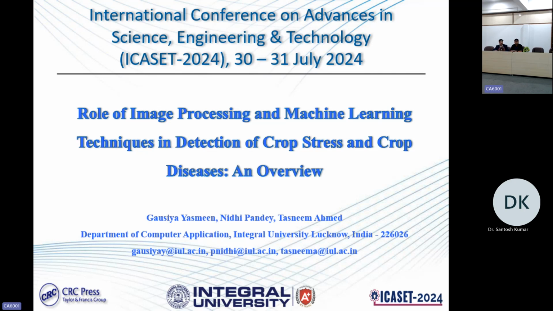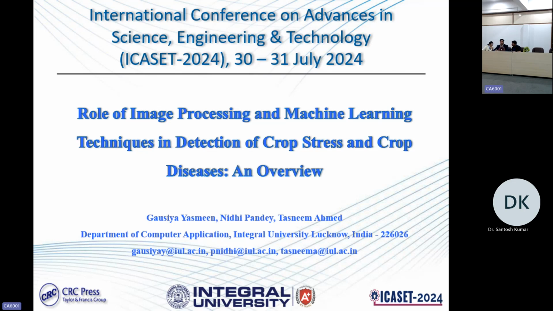Good afternoon, everyone. Myself, Gausia Yasmin, research scholar from the Department of Computer Application, Integral University, also serving this university since 2018. The topic of my paper is role of image processing and machine learning techniques in detection of crop stress and crop diseases, an overview.